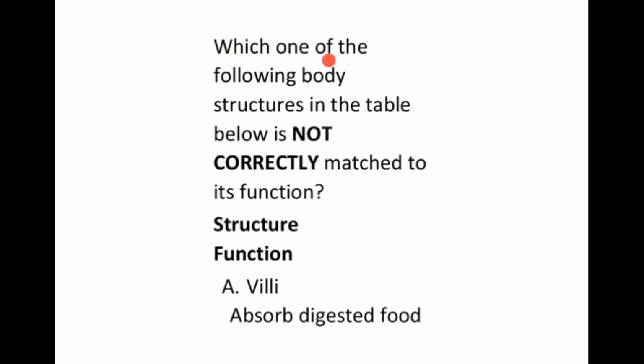Which one of the following body structures in the table below is not correctly matched with its function? We have the structure and then the function. A, the villi absorb digested food.